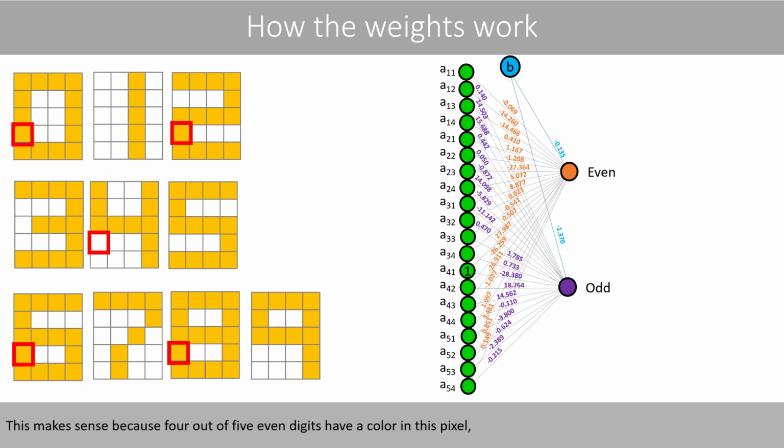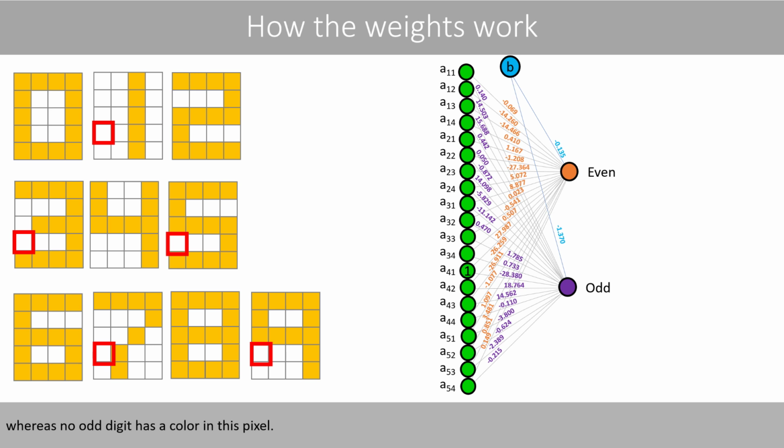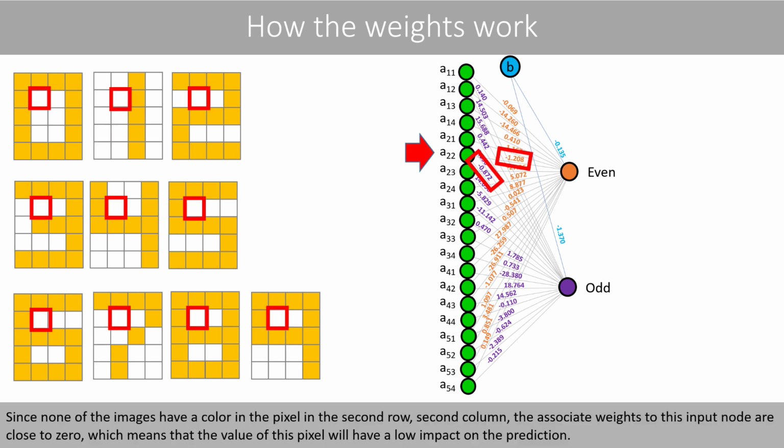This makes sense, because 4 out of 5 even digits have a color in this pixel, whereas no odd digit has a color in this pixel. Since none of the images have a color in the pixel in the 2nd row, 2nd column, the associated weights to this input node are close to 0, which means that the value of this pixel will have a low impact on the prediction.